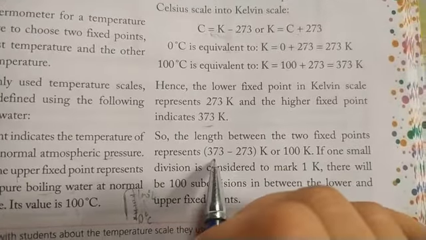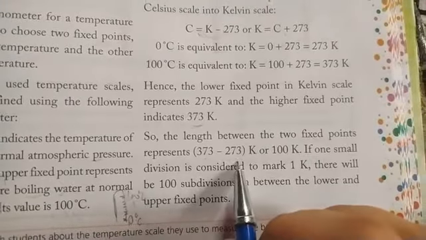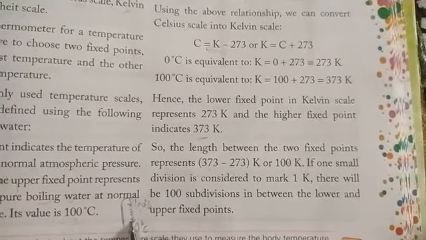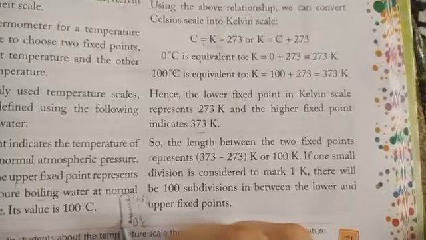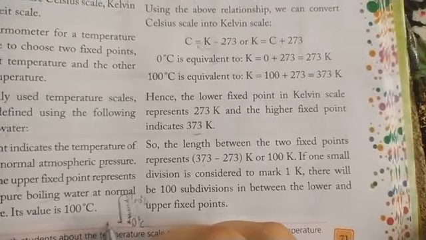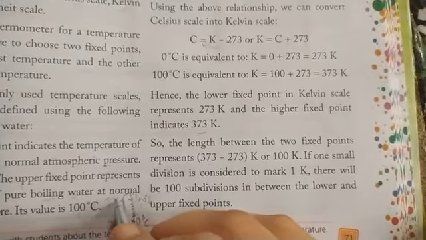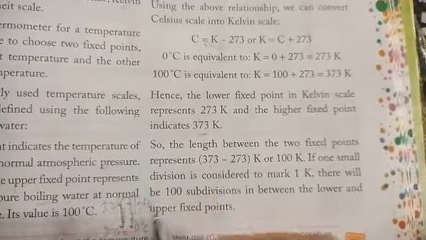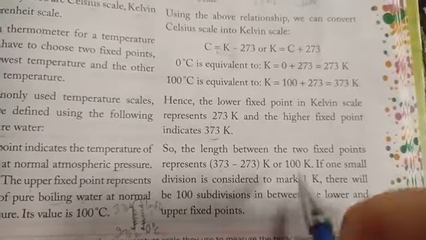Now we will find the length between the two fixed points, that is 373 minus 273 Kelvin, which is equal to 100 Kelvin. If each division represents 1 Kelvin, like in the degree Celsius scale, we start from 273 Kelvin and end at 373 Kelvin, so there will be 100 divisions between the lower and upper fixed points.